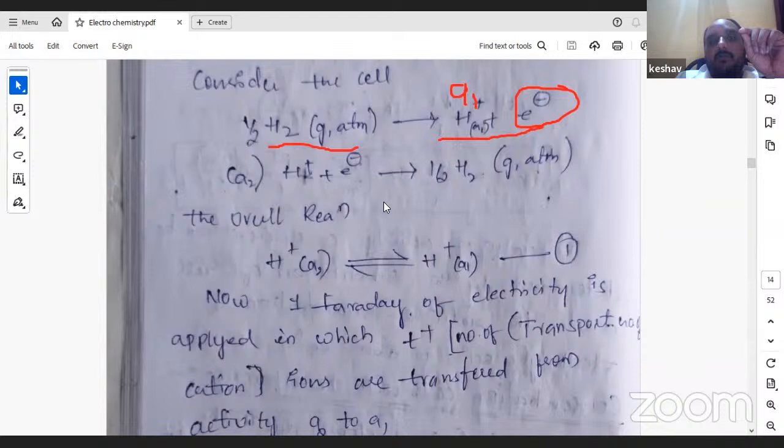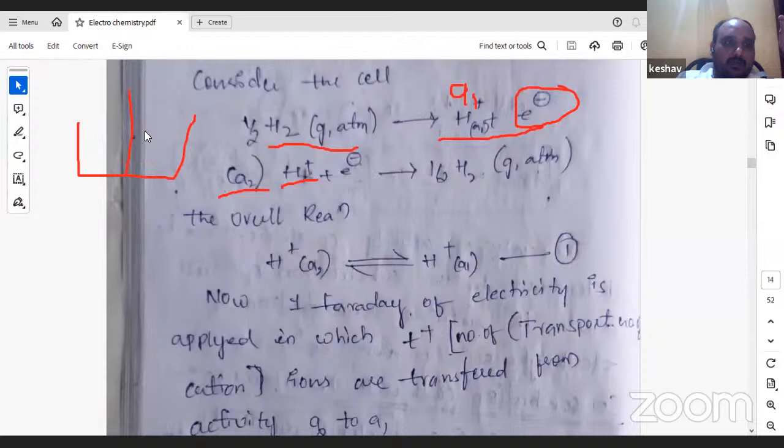These electrons will be gained by the H+ ions which are present in the activity A2. So here I have to draw that again, right? Here H+, this is the activity A1, this is the activity A2, right?